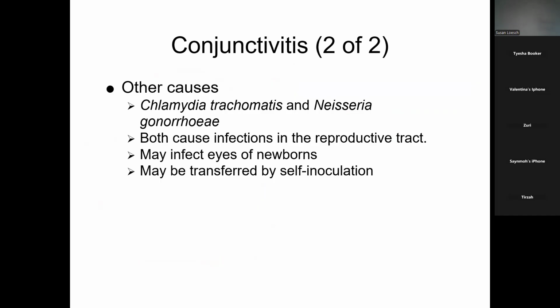Chlamydia trachomatis and gonorrhea can infect the eyes of newborns if mom has an infection during delivery. Neisseria gonorrhea is frequently transferred to the eyes through self-inoculation, causing conjunctivitis, redness, and a heavy discharge would typically be seen here.